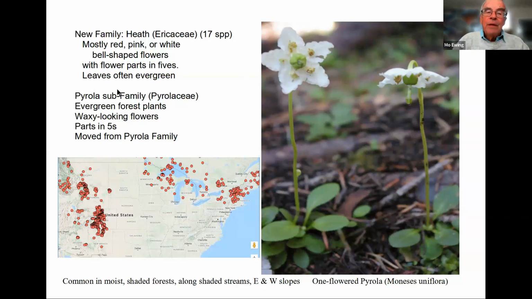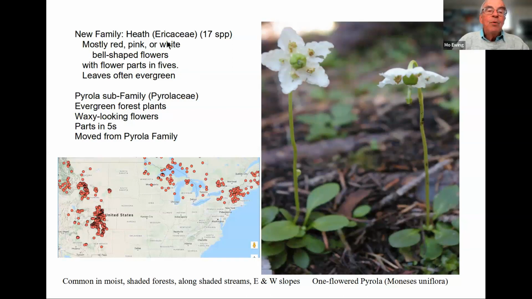The heath family's keywords are mostly red, pink, or white bell-shaped flowers. So these are not bell-shaped, because it would have kind of a neck on it if it was. With flower parts in fives, and leaves are often evergreen.